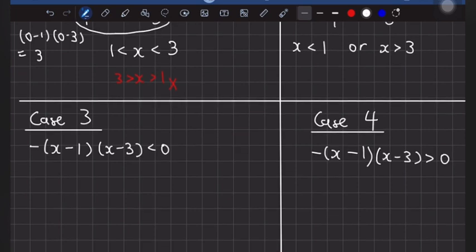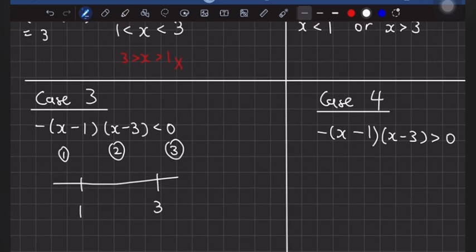For case 3, we still draw the number line, which is 1 and 3. Regions 1, 2, 3, and 0 is in region 1. So I'll substitute 0 into this expression to get the value.